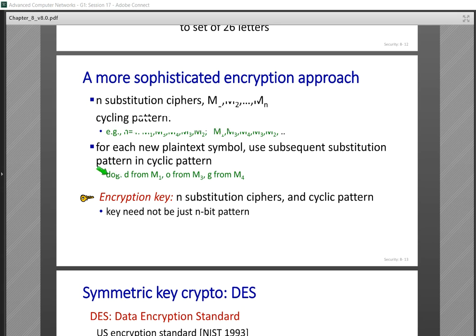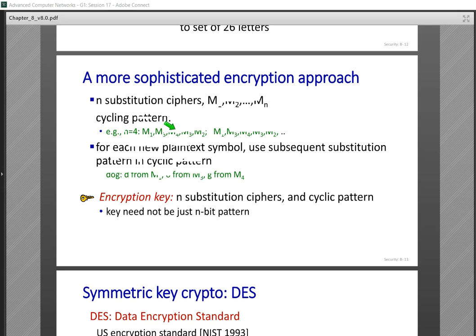For example, let's see this example. We receive a word dog. Okay, this word has D, O, and G letters, characters, okay? According to this pattern, if I want to replace D, I should look for D in pattern M1. For O, I should look for O in pattern M3. And for G, I should look in pattern M4.